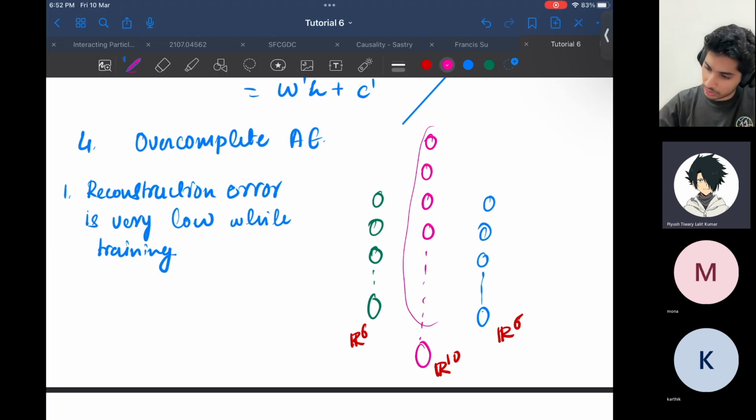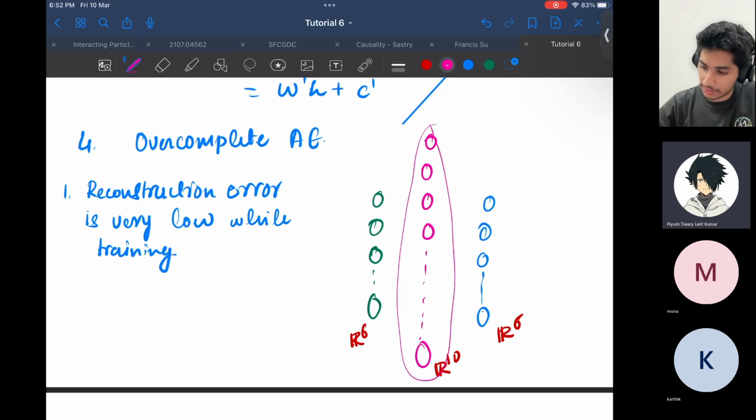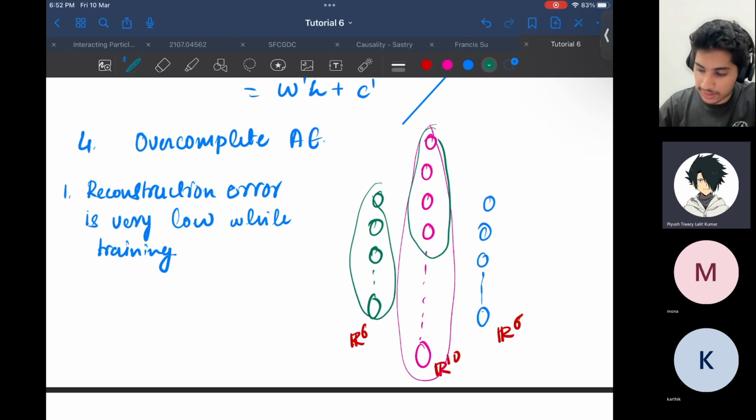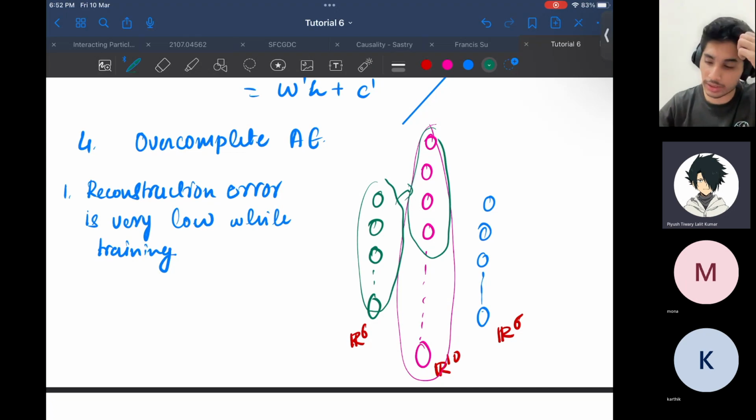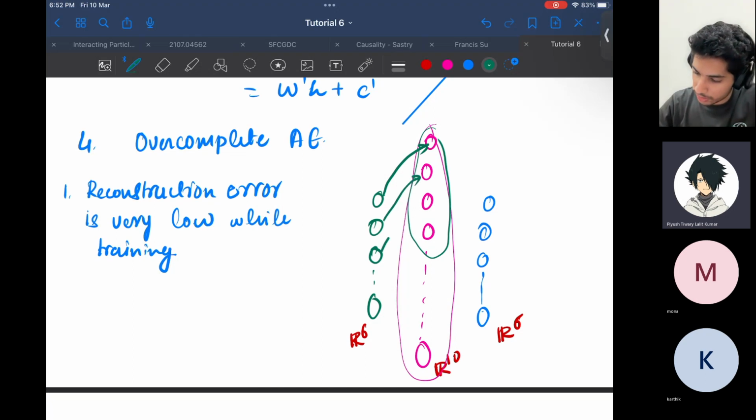So amongst these 10 neurons, I can select any six of them and say that I will just copy these six inputs into six of the intermediate neurons. Copy this neuron here, this one here, and similarly this one here.